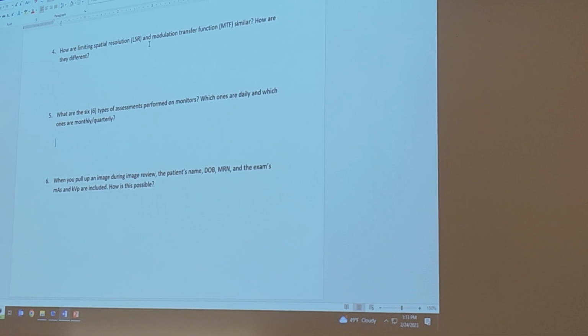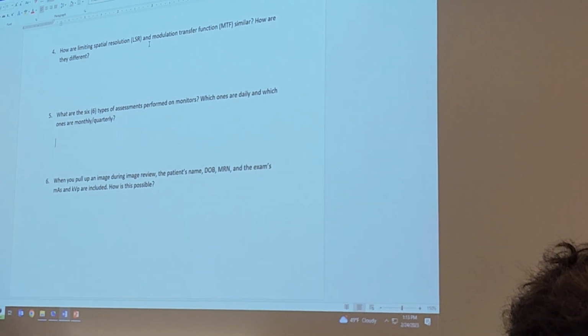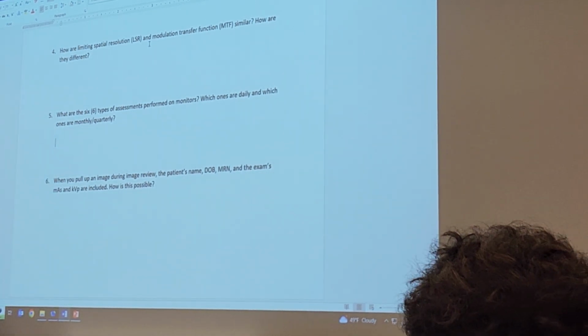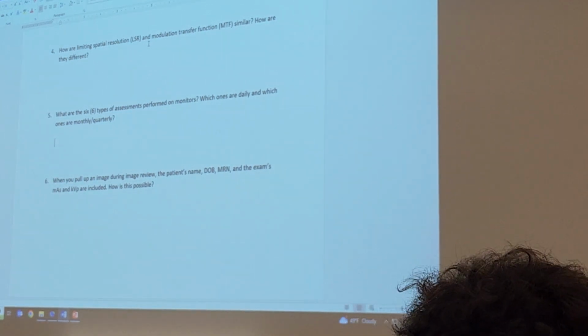And is resolution something we do daily or monthly, quarterly? Monthly, quarterly. Great job. As you may have noticed, we've only got one daily thing, which is properly named daily assessment, and the rest of them are monthly or quarterly.